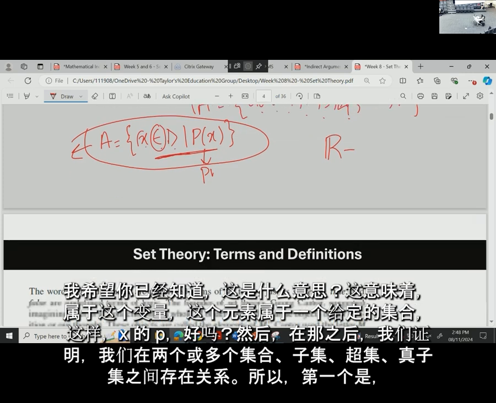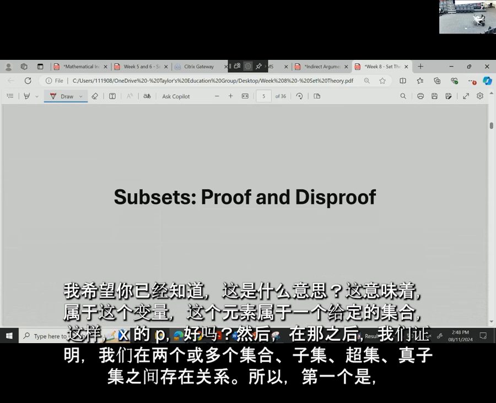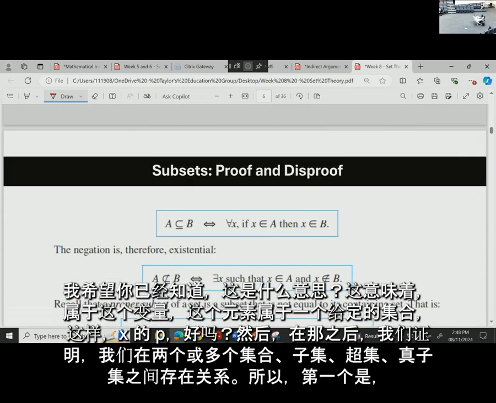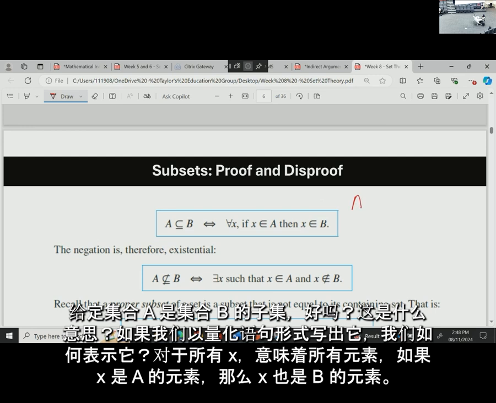Then after that we have a relationship between two or more sets: subset, superset, proper subset. The first one is that a given set A is a subset of a set represented with B. What does it mean? If we write it in the quantified statement form, how do we represent it?